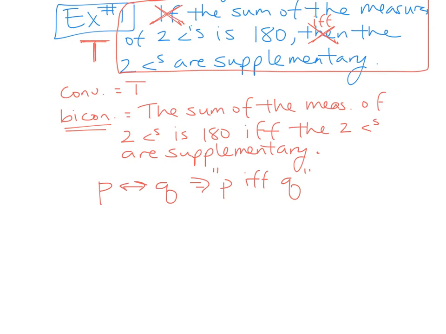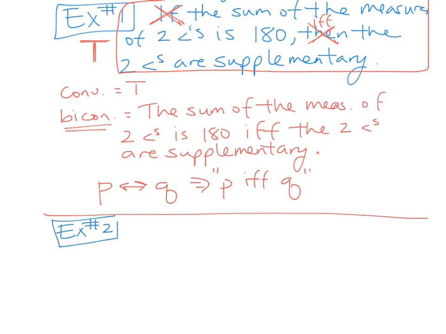Okay, so the reverse is also true. If I give you a biconditional, you should be able to write the conditional and the converse for me. So let's say I give you a biconditional.